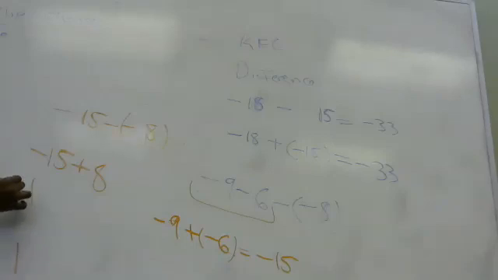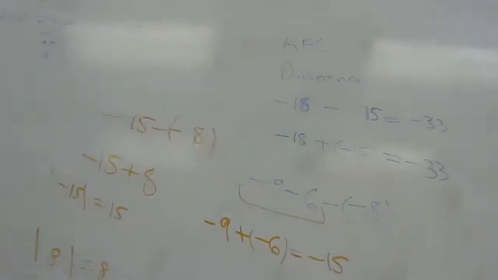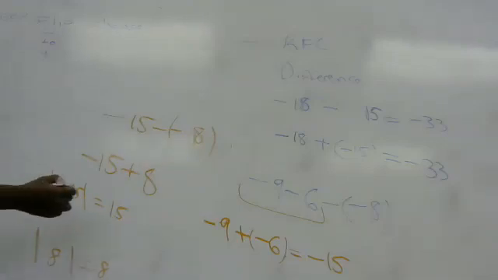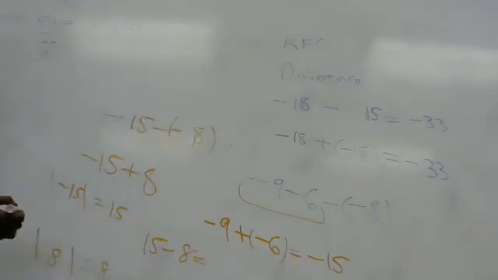Absolute value of -15 is 15. Absolute value of 8 is 8. What do I do with these numbers? Subtract them. 15 minus 8 gives you 7.